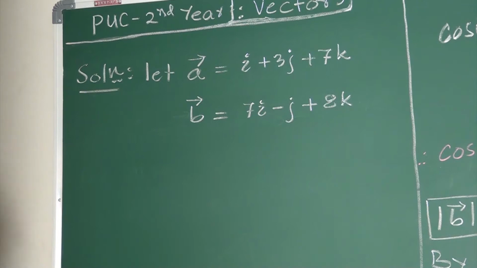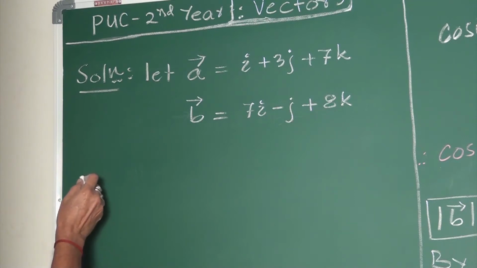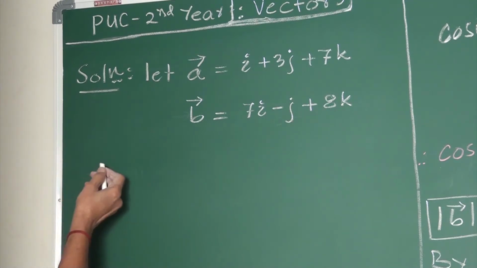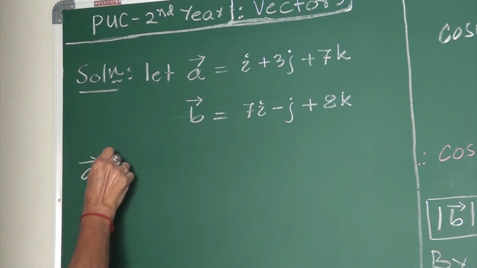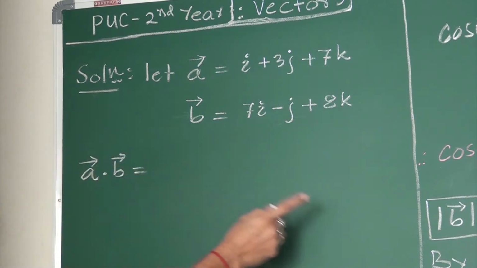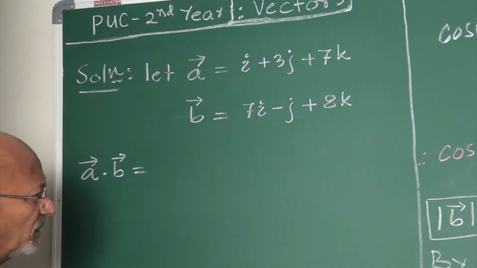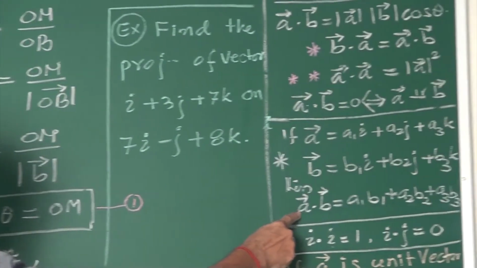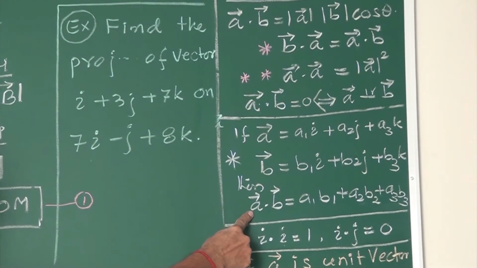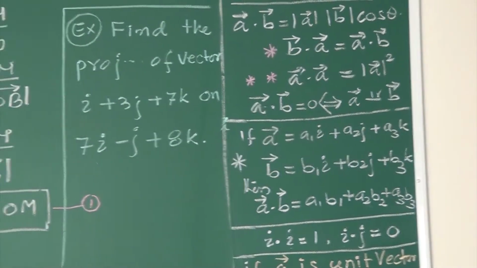You wanted the projection. First find A dot B. A dot B is what? Use A1 B1 plus A2 B2 plus A3 B3. This is a practical formula to find A dot B.